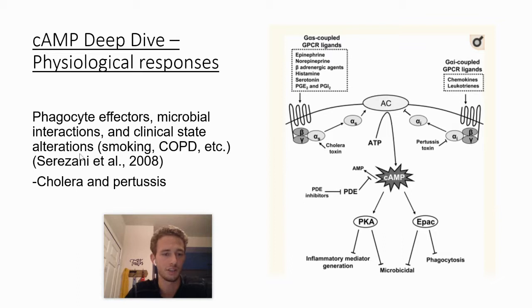And as I said, this website can also show you different changes in smokers and COPD and how those manifestations of symptoms can actually affect your cellular biology, thus inhibiting or promoting too much of cyclic AMP and other secondary messengers.